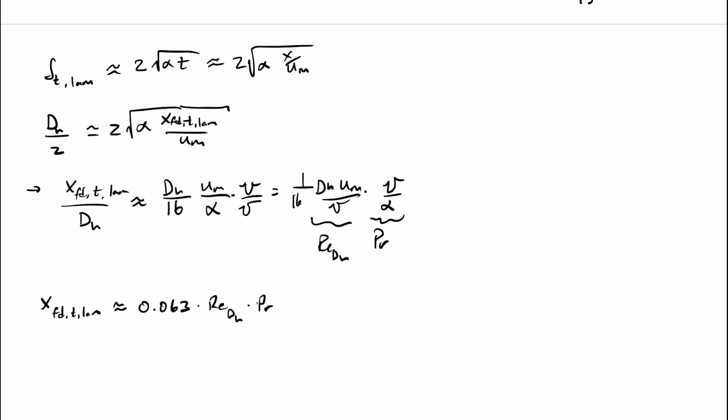Okay. So no big surprise there. The thing that's maybe interesting is that you remember our x_FD,H laminar was just 0.063 times Reynolds. The only difference here for the thermal is the Prandtl number. And again, that makes sense, right? Because when we're talking about growth of boundary layers, those things are related. They both start at the same position, scaled by the Prandtl number.